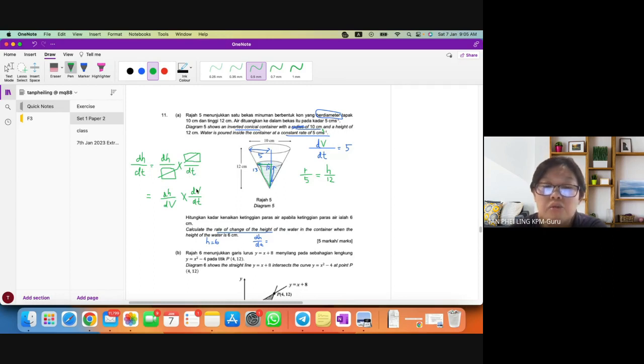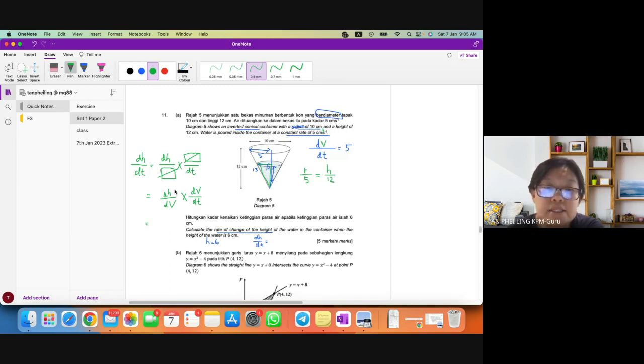So how do I decide? I look back at the first part of the question. They gave me an idea that water is poured inside the container at a constant rate of 5. This should be cm cubed per second. So I know that this is my dv dt, and here should be my dh over dv also, so that my dv later can cancel off.